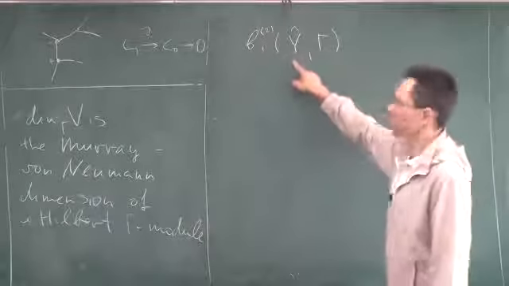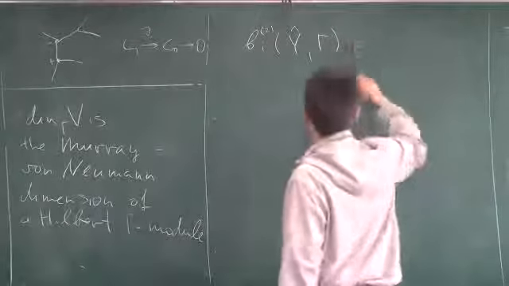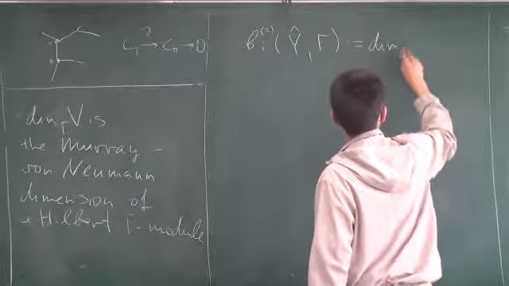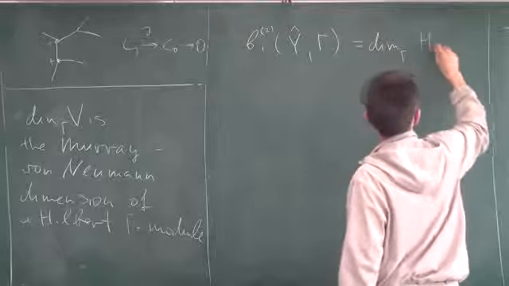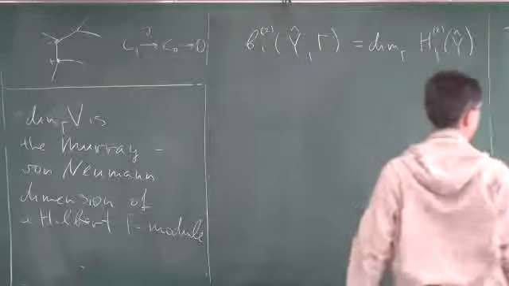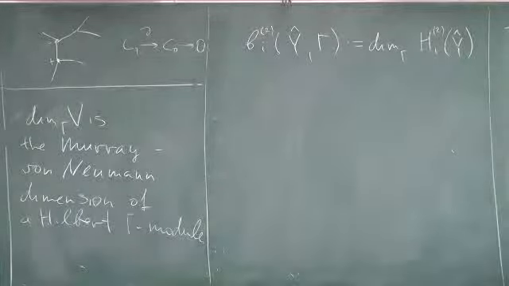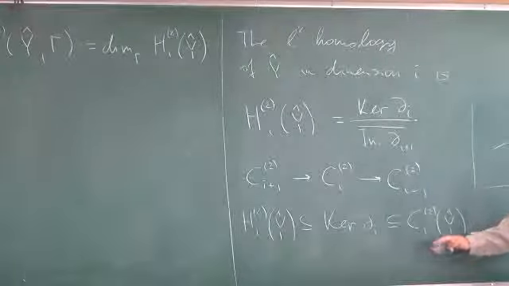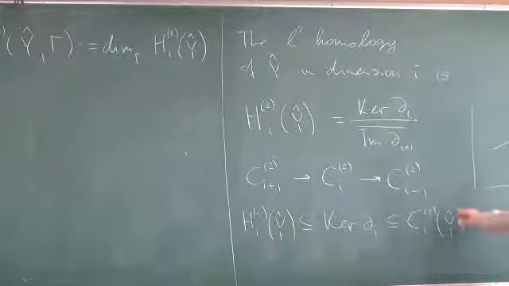So we have a gamma acting on a complex. By definition, this is the dimension over gamma of the i-dimensional homology of y hat.